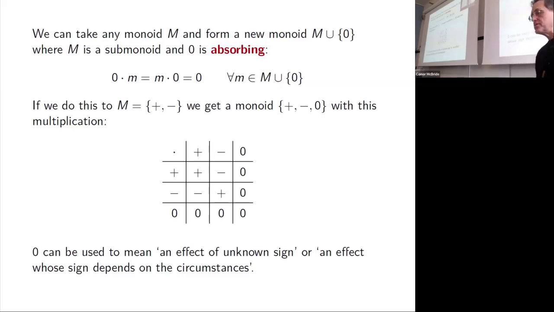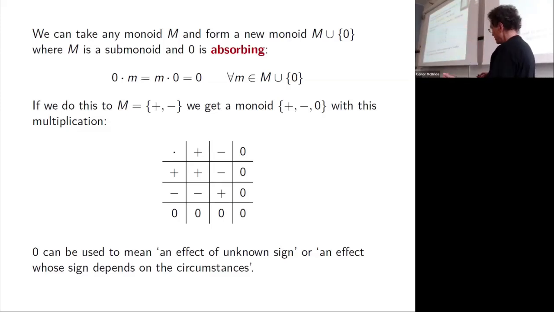So what's that good for? Well, you can use it for different things. You can use 0 to mean an effect of unknown sign. So a positive effect followed by "I don't know" is "I don't know." Or it could be used to indicate an effect whose sign depends on the circumstances. You might also use it to mean no effect at all, but it's easier just to use the absence of an edge to indicate no effect at all in one of these graphs.